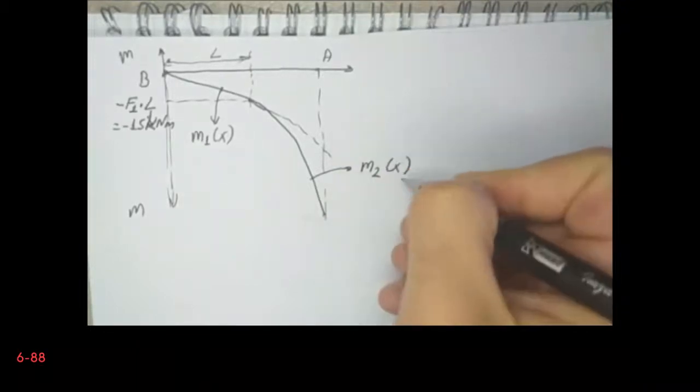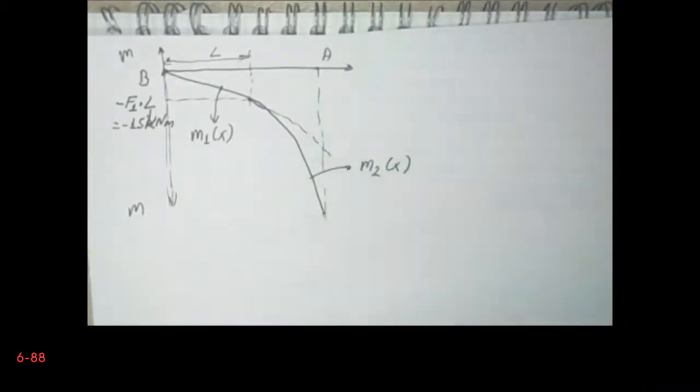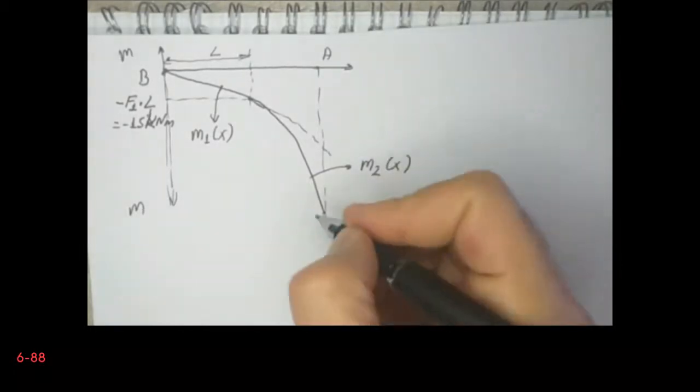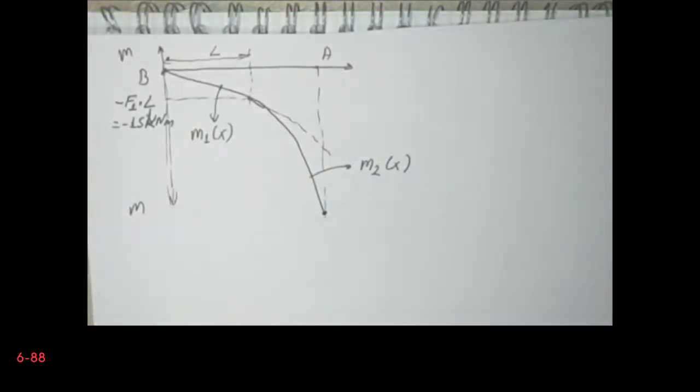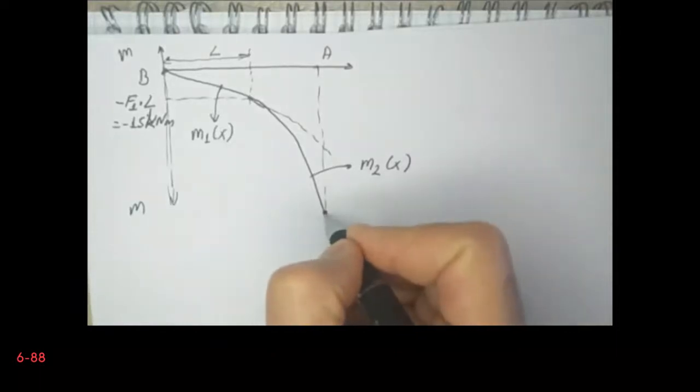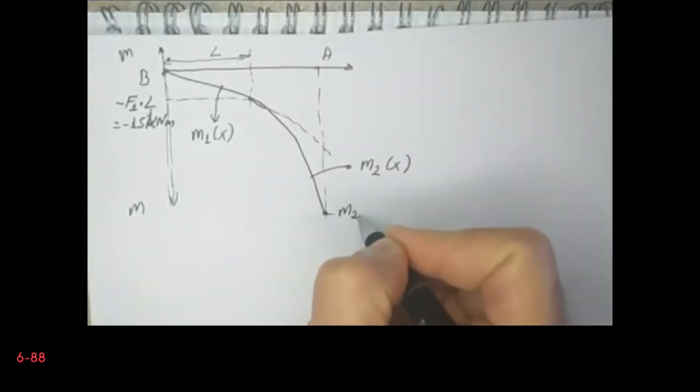As we see from this graph, we see the maximum bending moment at point A. Therefore, we need to calculate the maximum stress at this point. So let's calculate the maximum moment. This is x equal to 2L.